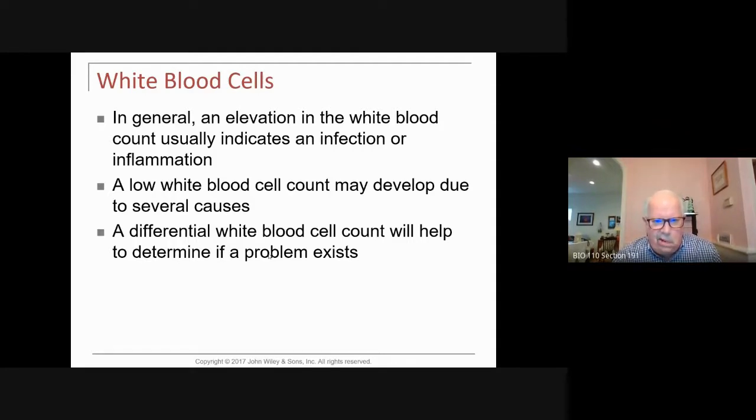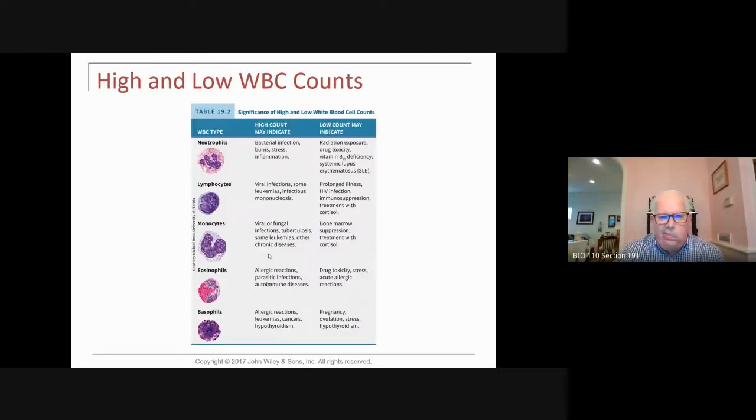Okay? And the differential, which is neutrophils, lymphocytes, basophils, monocytes, and eosinophils, that's the differential white count, will show you the problem. And here is what we're talking about. Neutrophils.